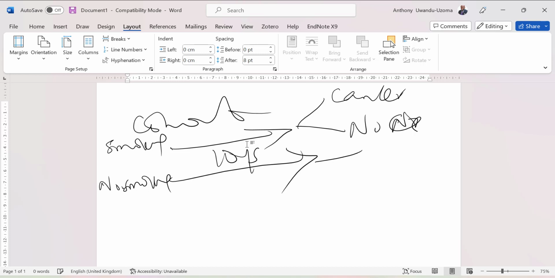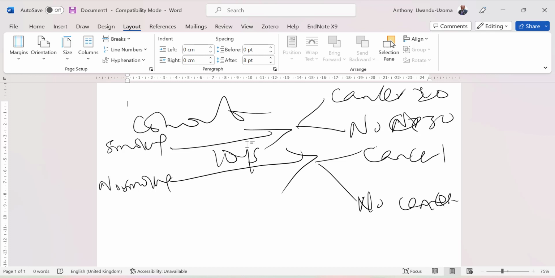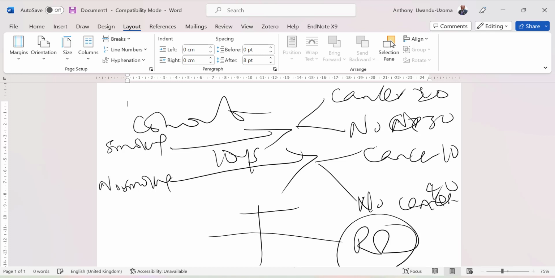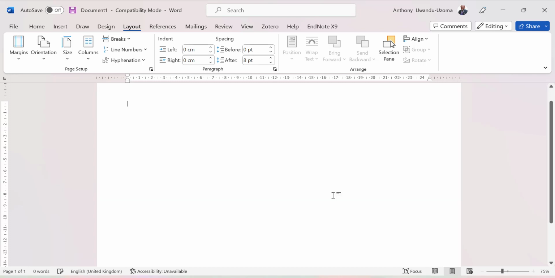Among the smoking group, same thing here. How many people will get cancer and how many people will not get cancer, right? So by the time you get all the figures here, let's say you have 20, 30, 10, 40, then you will now do your 2 by 2 table like we did before, and then calculate your relative risk. So that is just a little bit about cohort studies, right?